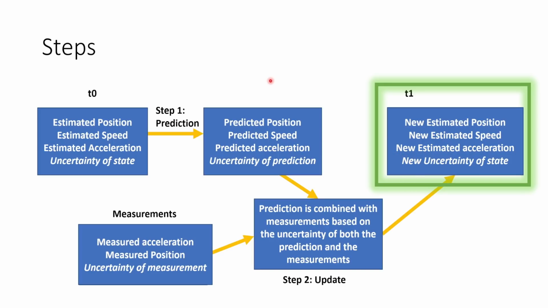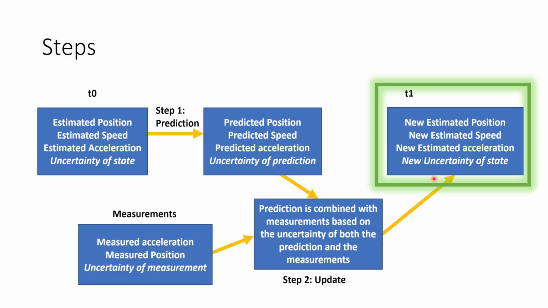And so what we've done is we've gone from our estimates at time t0 to our new estimates at time t1 by combining a prediction and some measurements together in an optimal way to give the resulting estimate that has the least uncertainty. So what the Kalman filter is, it's an optimal estimator.